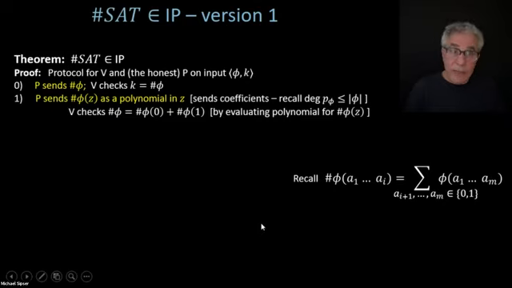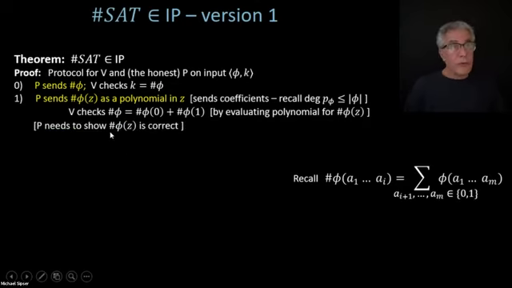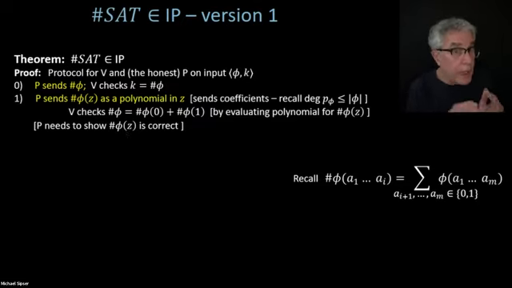So here is the next idea. The prover needs to show that phi of z is correct. Even before we do that, phi of z is going to be some polynomial. Now, the prover may be lying, may be sending the wrong polynomial.